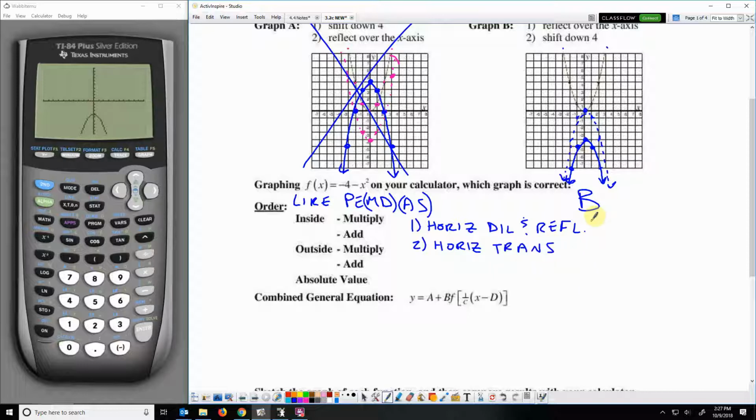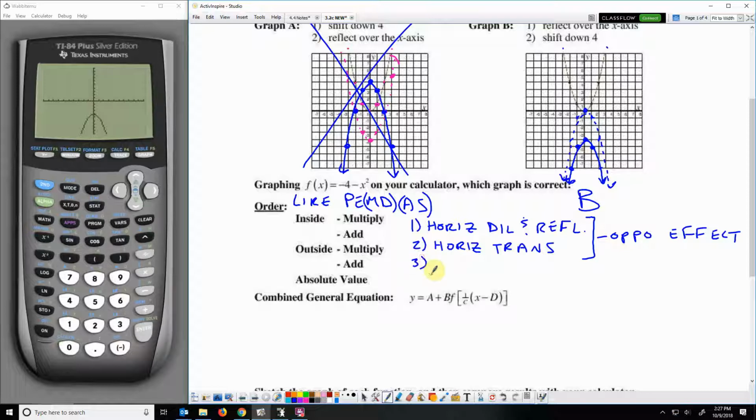Okay, so those things go first, and remember that those numbers have the opposite effect when it's inside. Okay, so minus means go right, plus means go left. Multiplying by a 2 means half as wide. Multiplying by a 1/2 means twice as wide.